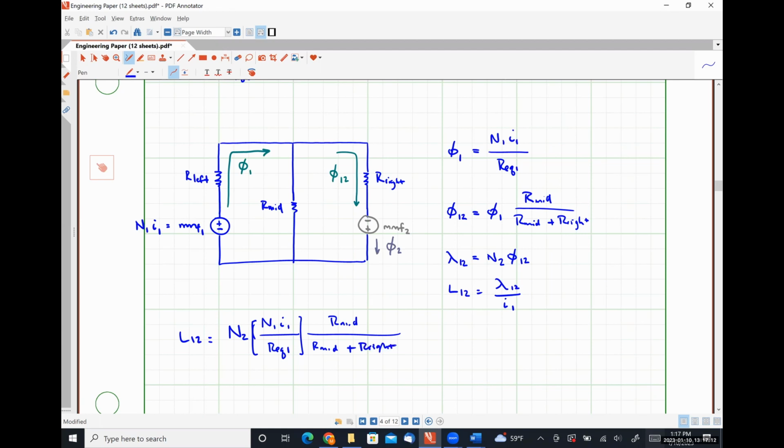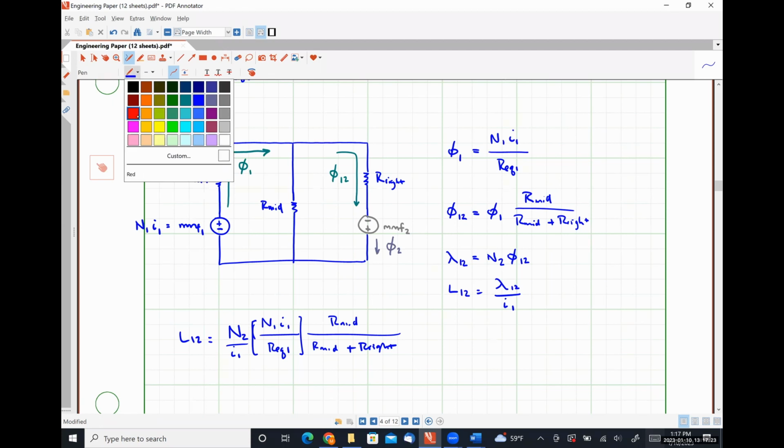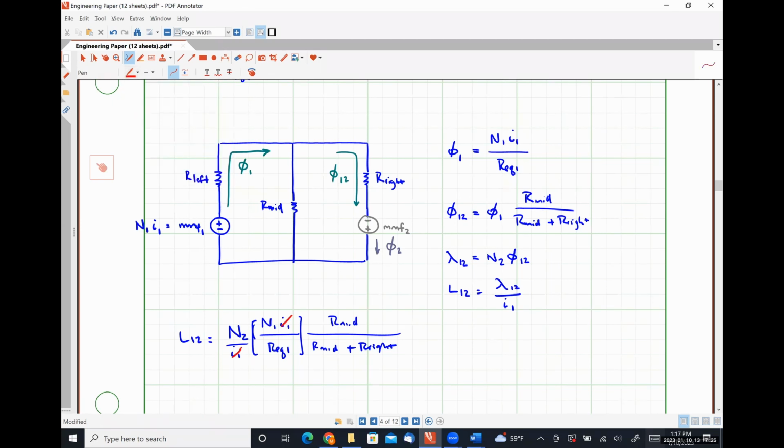And so I've done all of my substitutions. All that I have written right here is effectively just that flux linkage 1, 2. And now I divide by I1. The I1s cancel each other out, which is why it's not important that I give you a number for the current there.